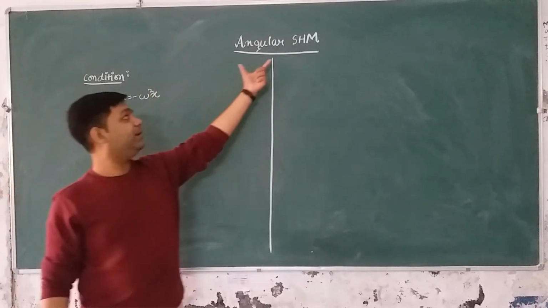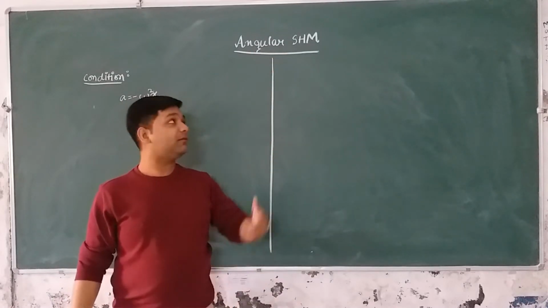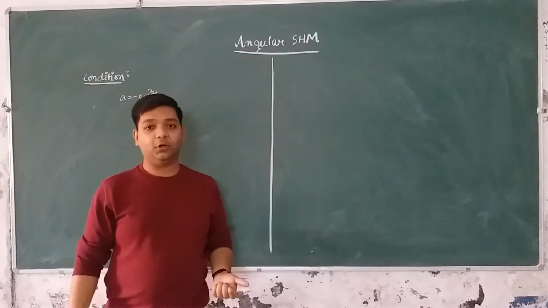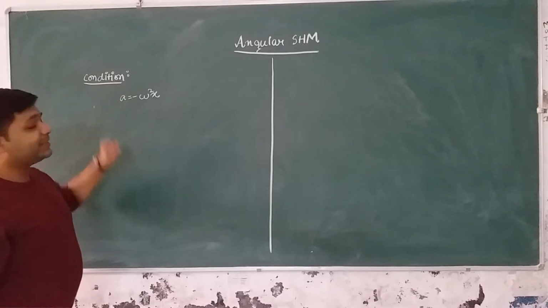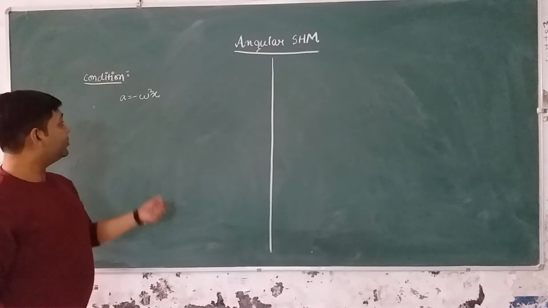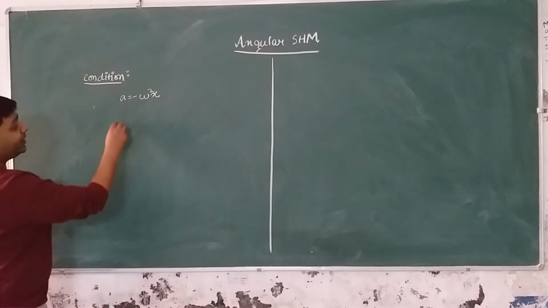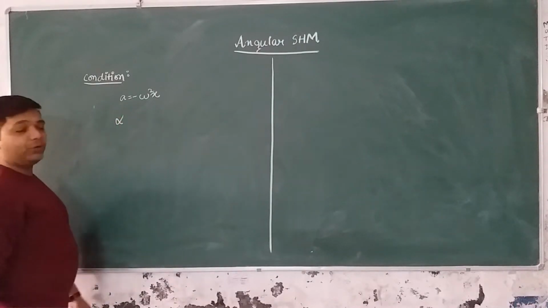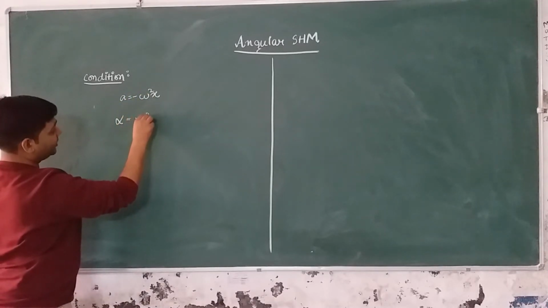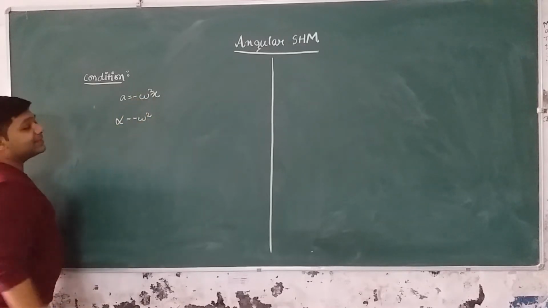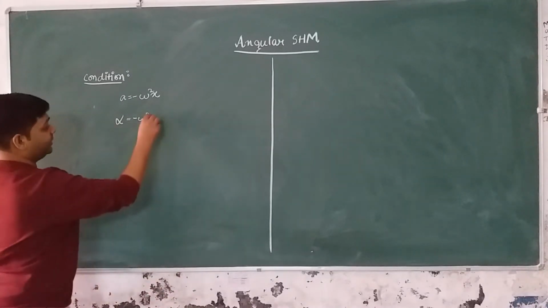So now I want to derive a condition for angular SHM. And just now I told you that all the formulas can be rewritten for angular SHM by making analogy. In linear motion, we write acceleration as a. In angular motion, this acceleration a will be replaced by α, which is called angular acceleration. So α will be equal to -ω²θ. The ω² remains constant because this is the angular frequency, and instead of linear displacement x, we will now have angular displacement θ.